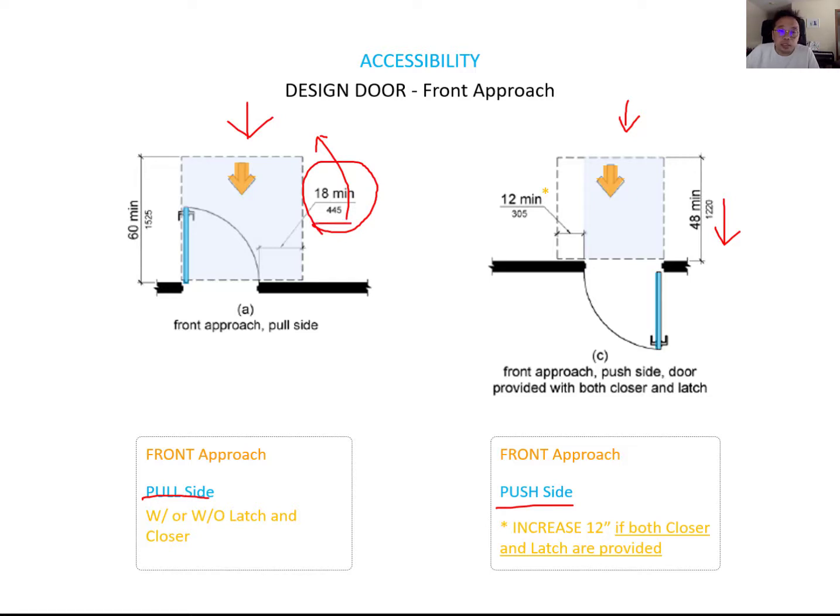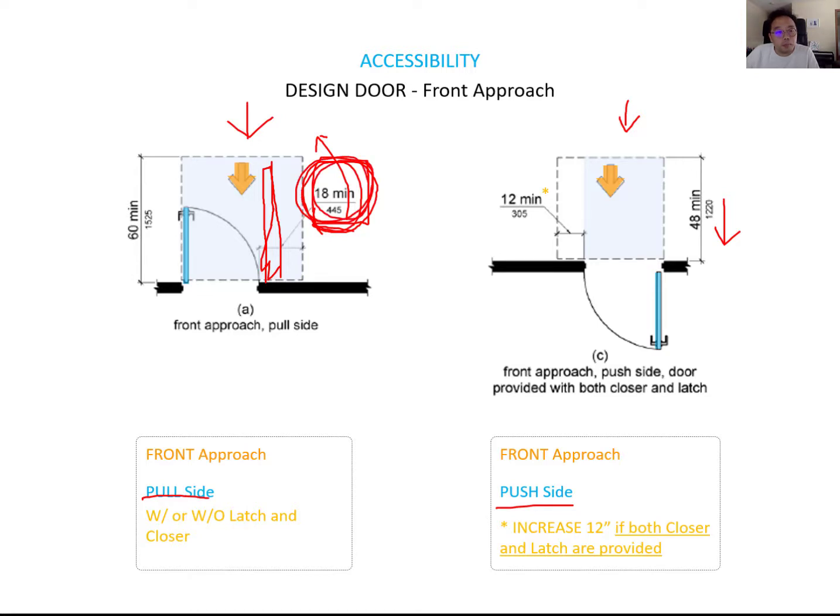This is very important because even when I asked 5th year students to design the door and the room, many people actually added the wall here. But do you think it works if the wall is at this location? It doesn't work because you have to provide 18-inch minimum clear floor space.